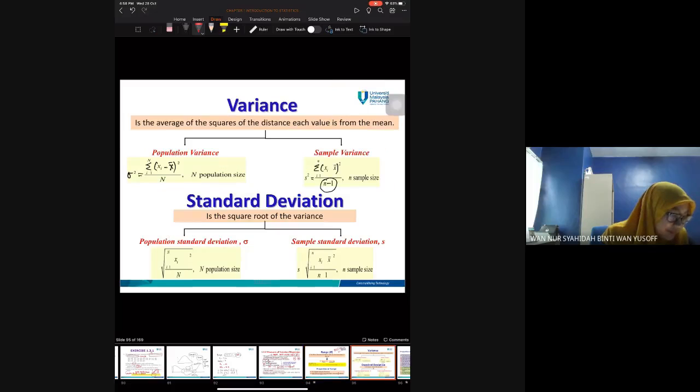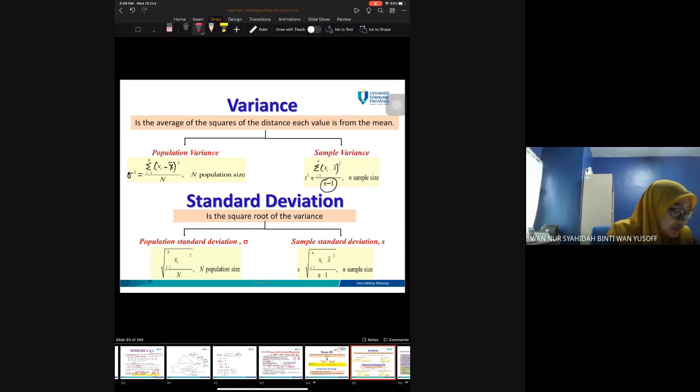Okay, that's good. And then we go to the variance and standard deviation. So standard deviation is just the square root of the variance. This is why your calculator provides you with two values, population and sample, because of different formulas.